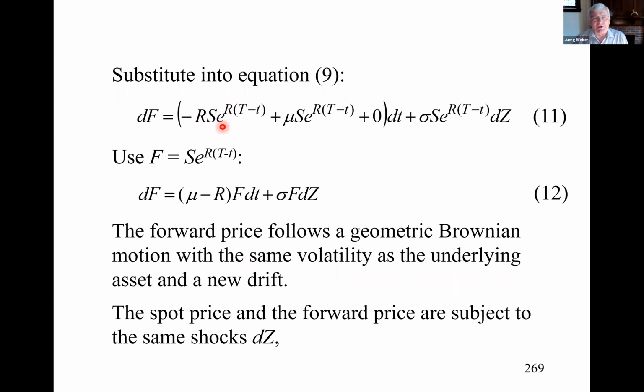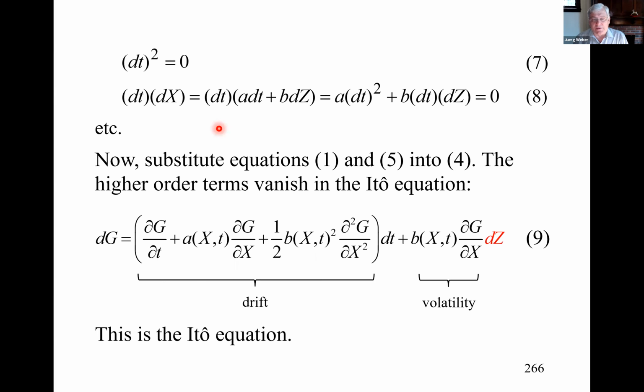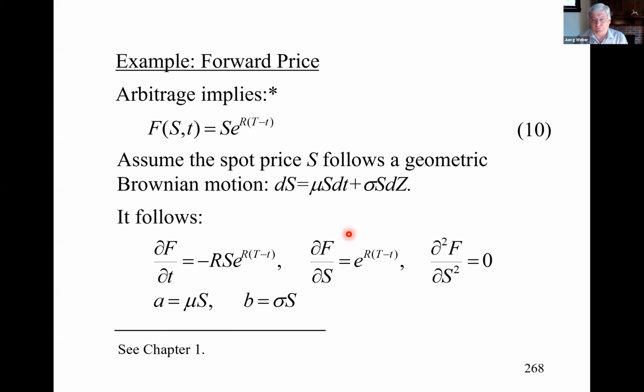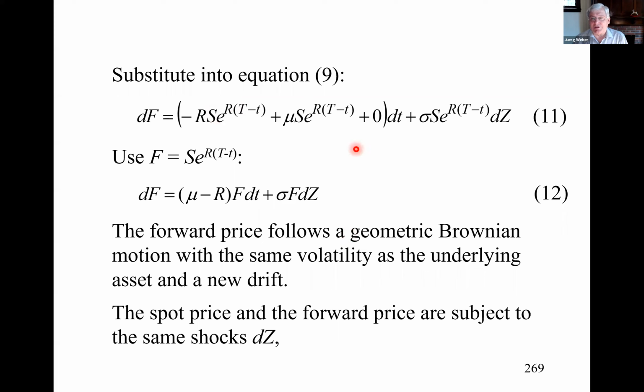Then the second derivative turned out to be 0, so this entire last term becomes 0.